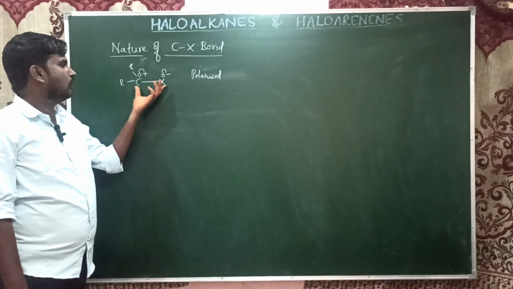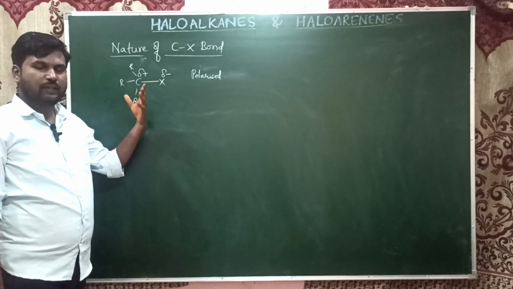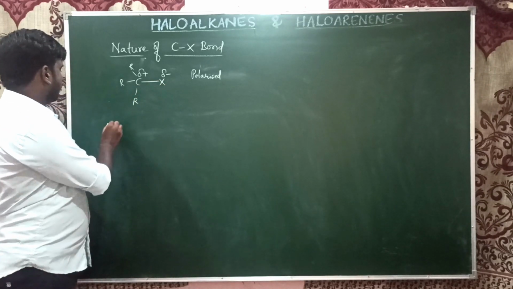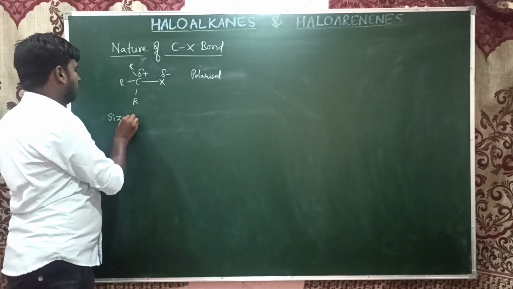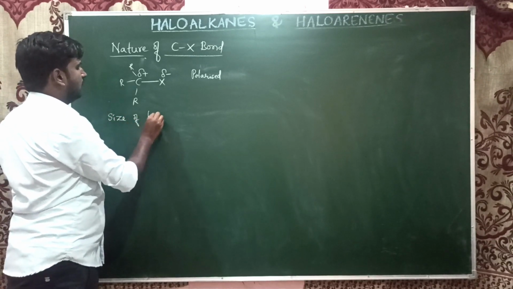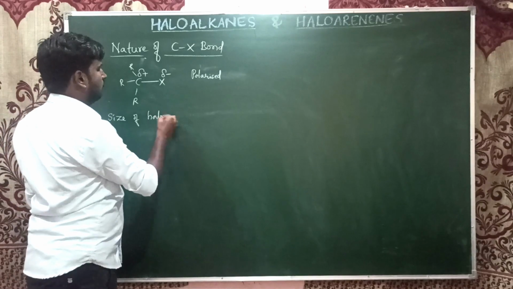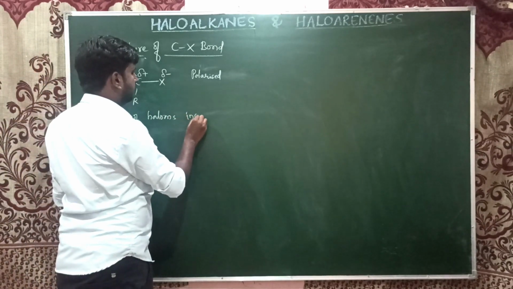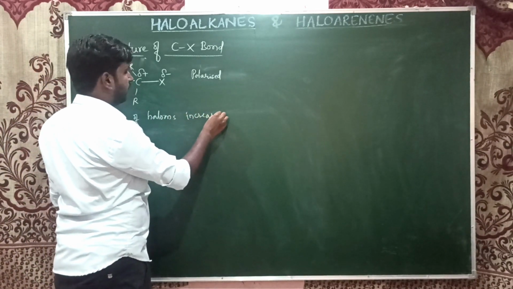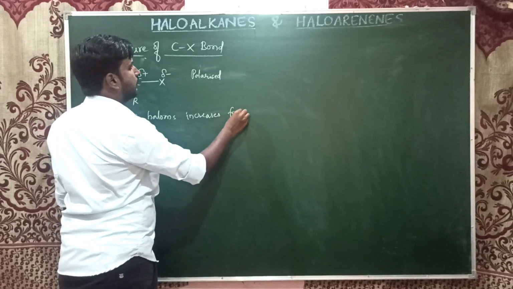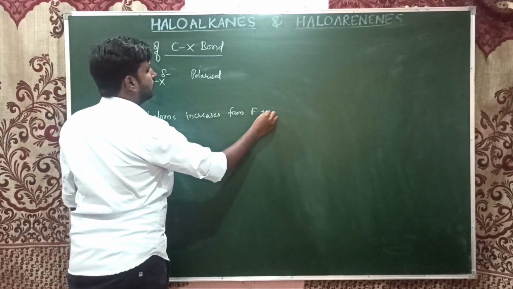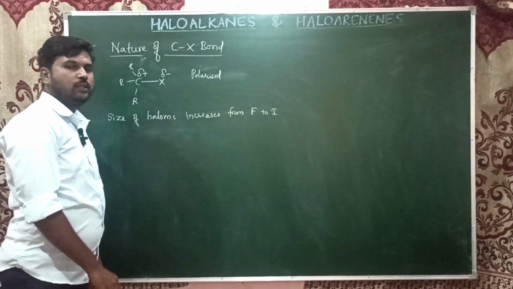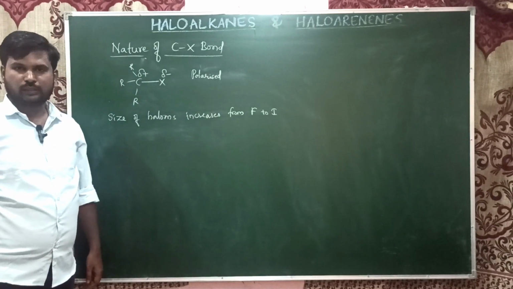There also the bond length and bond strength will be varying. So let us see the size of these halogen atoms. You all know the size of the halogen atom increases from fluorine to iodine, as the atomic size increases down the group.